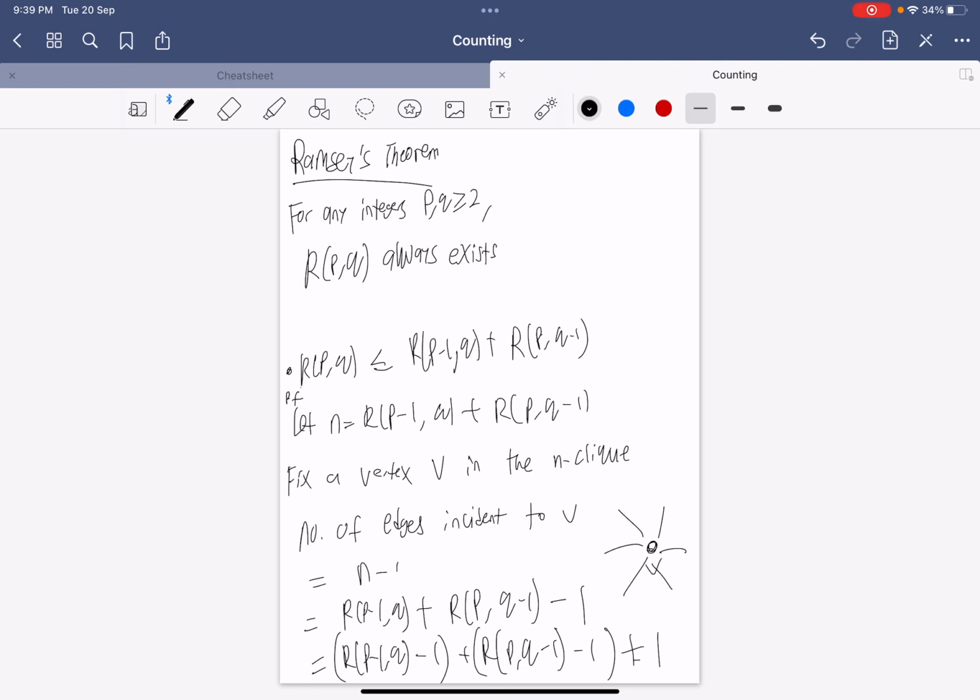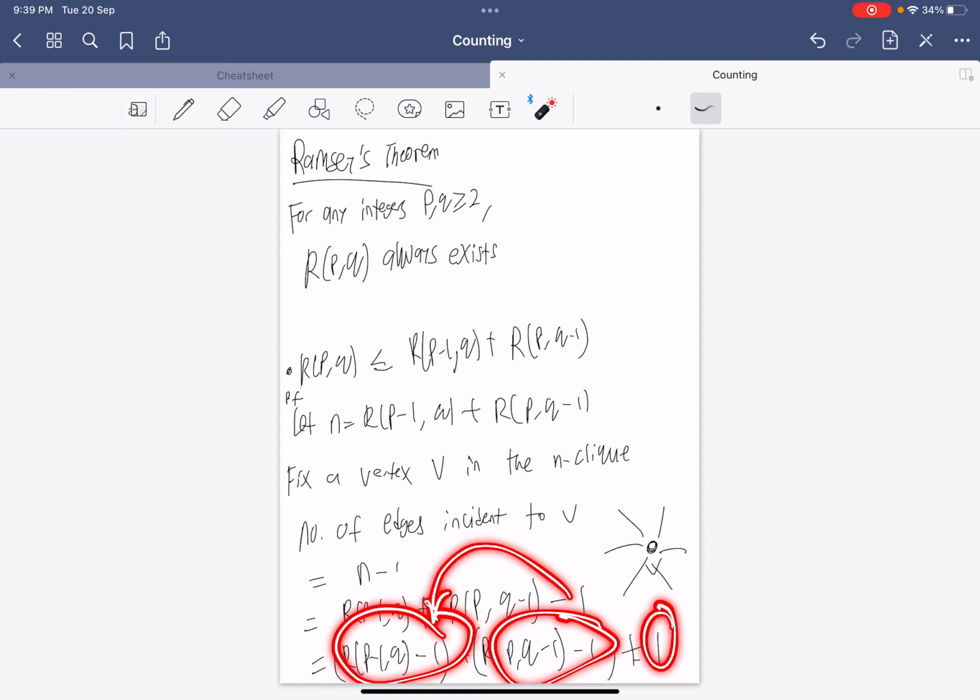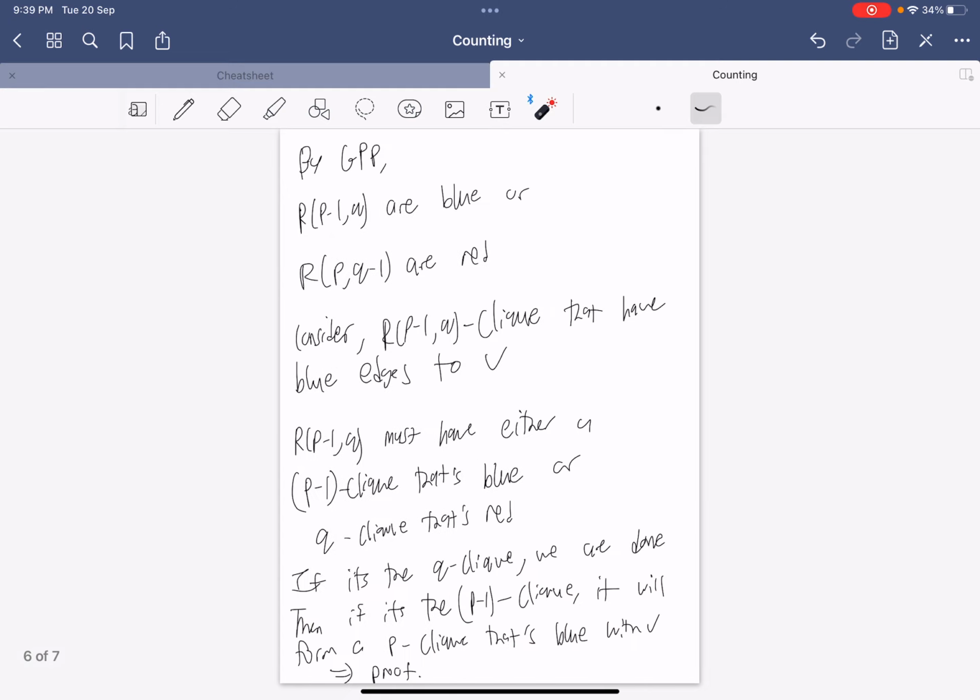And hence, after you have all these to be blue and all these to be red, this 1 must either go into this box or this box. And so either R(P-1,Q) are blue, or R(P,Q-1) are red.